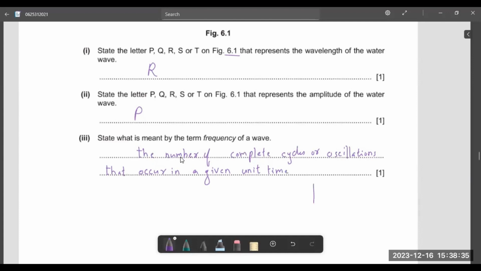It means in a particular time how many cycles have been completed. That is the frequency.